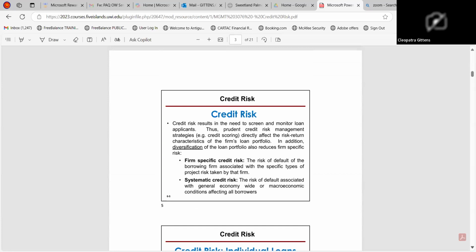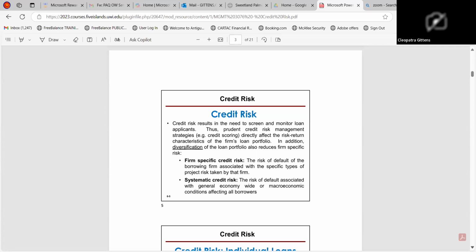What the institutions would do is screen and monitor the persons applying for loans. This is one of the most prudent credit risk management strategies. And if they don't screen and monitor the loan applicants, then the chance that the risk they're exposed to will double, maybe triple, is very great.